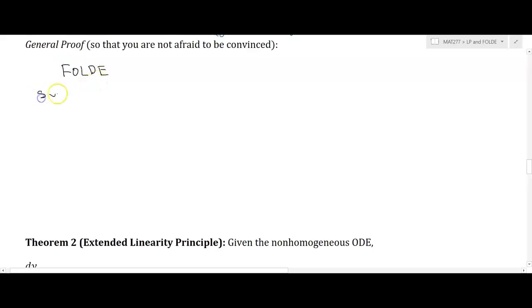So first of all, the condition is that you found a solution, right? So suppose y sub h is a solution to dy dt equals a of t times y. So that's the first order linear differential equation.